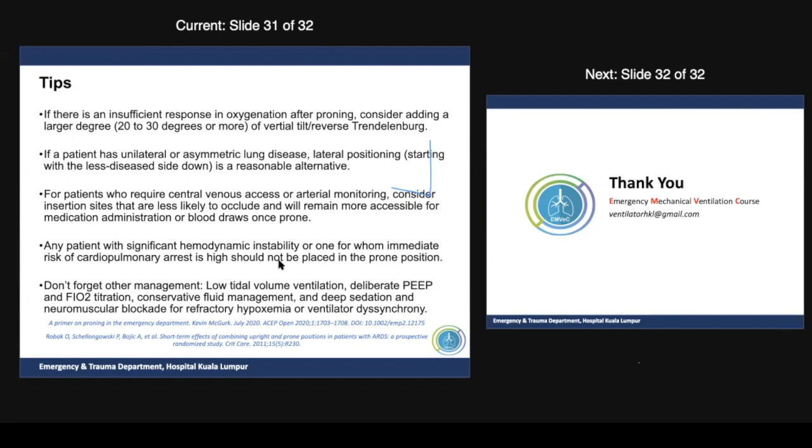Number 2, give the optimal PEEP and titrate the FiO2. Another thing we often forget in the ED is conservative fluid management. Most ARDS patients do have an initial presentation and fluid resuscitation, but do not overload the lung, because when the lung is overloaded, it is difficult to ventilate. And in the prone position, do not forget about sedation. What is our RASS score?